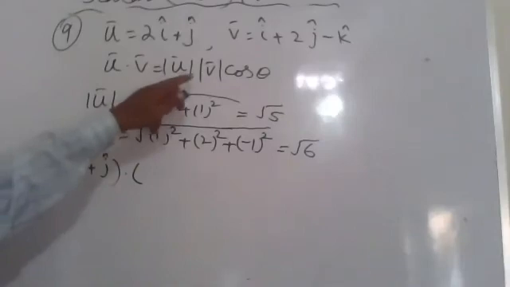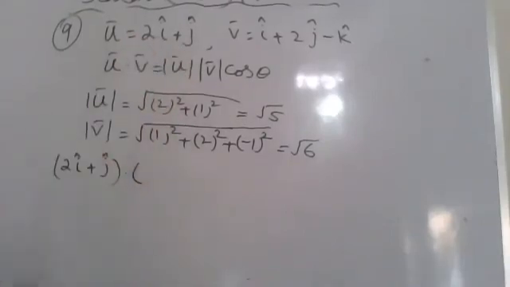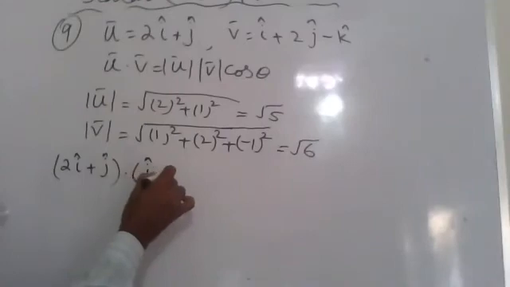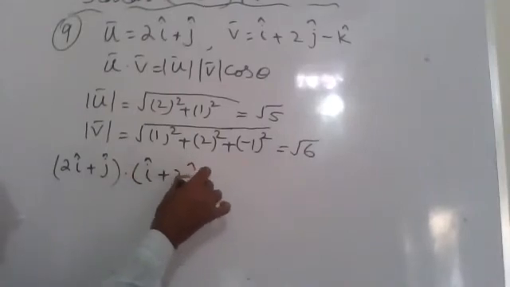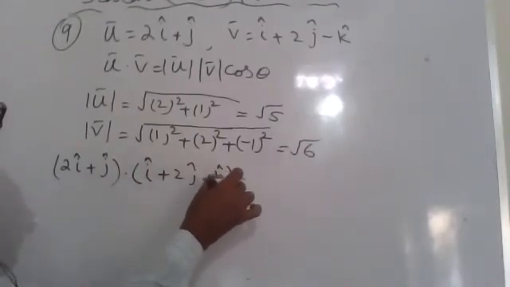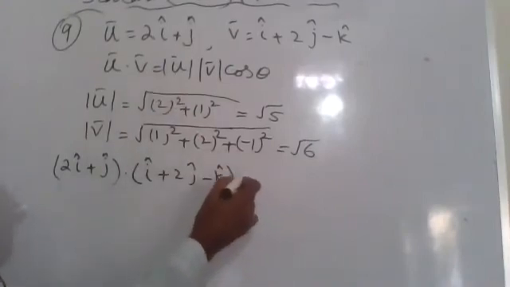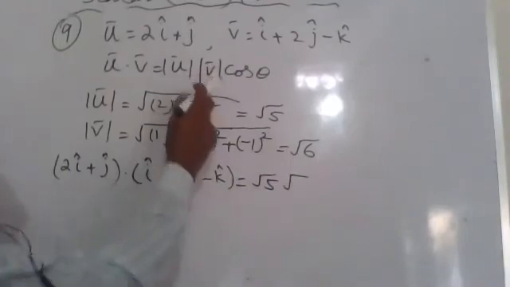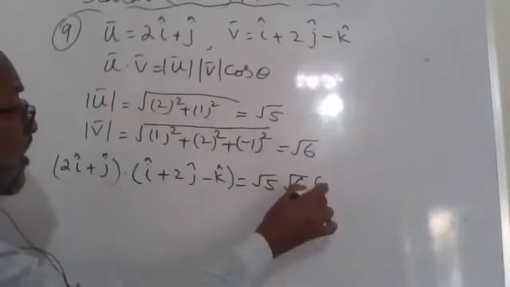In scalars, you leave without any sign, but in vectors, you must put dot or cross in between them. This equals magnitude of u, under root 5, into magnitude of v, under root 6, into cos of theta.